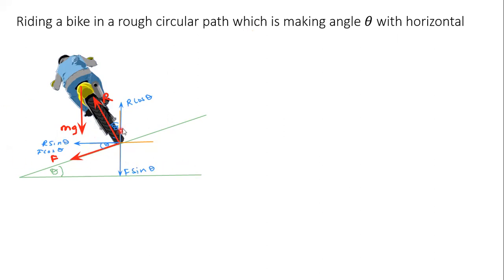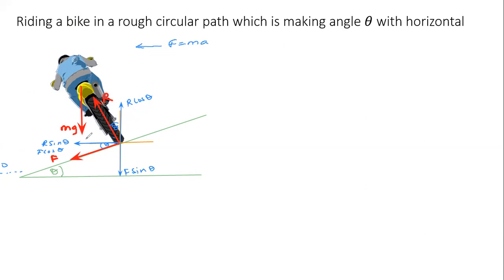Now this bike is moving in a circular path, therefore I can use F equals ma toward the center. So the center is somewhere here, right, towards O, for the bike and the man.